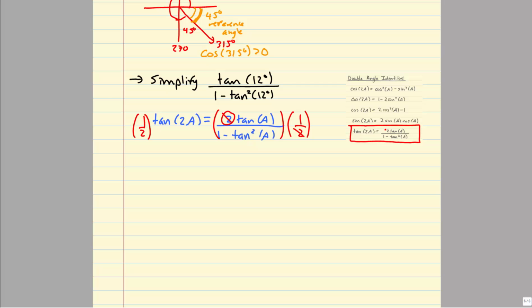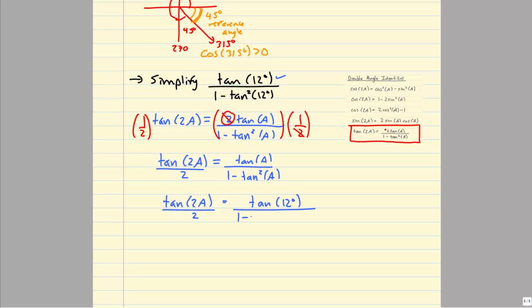So then the 2's cancel, and I'd be left with the tangent of 2a over 2 is equal to the tangent of a over 1 minus tangent squared of a. So now this matches what I'm given up here in my original problem. So we have, in this particular problem, a value for a. So here I have the tangent of 12 degrees that was given to me over 1 minus tangent squared of 12 degrees.